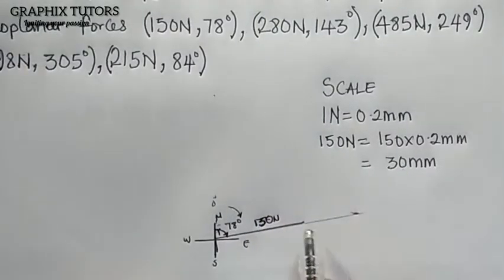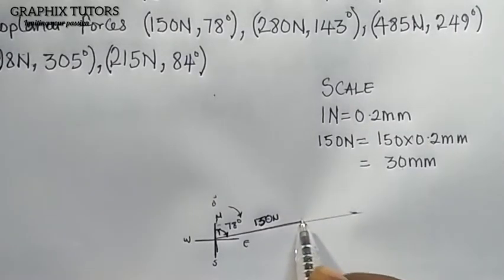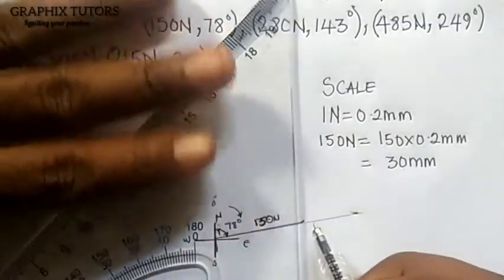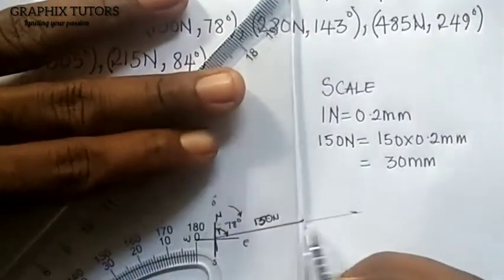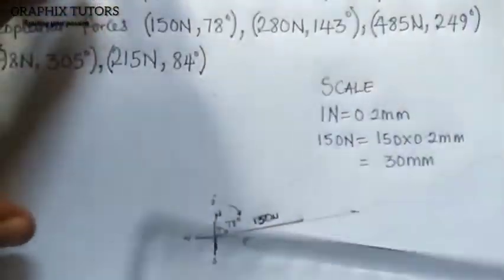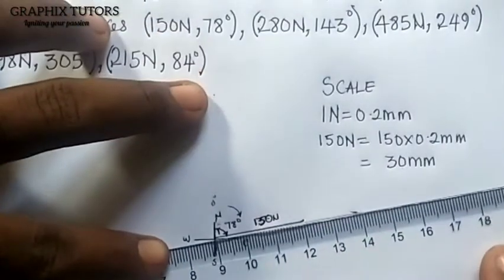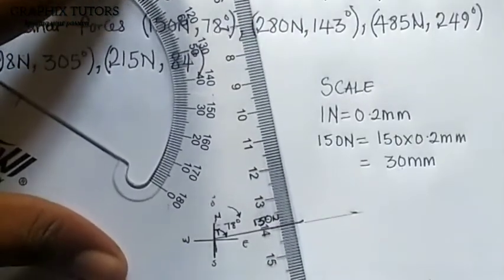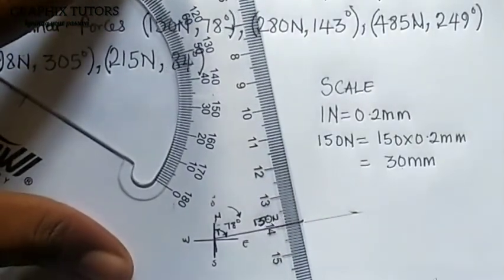At the same point that I stopped, which is my 30 millimeter, I'm going to draw my 4 cardinal points at this point. You can place your rule here to ensure the line is straight.